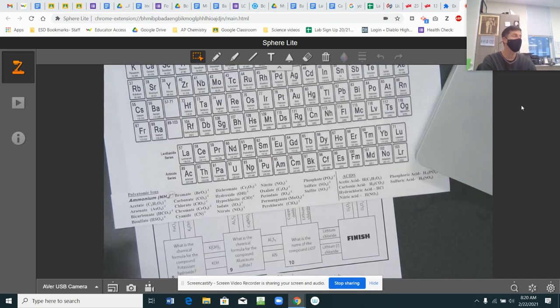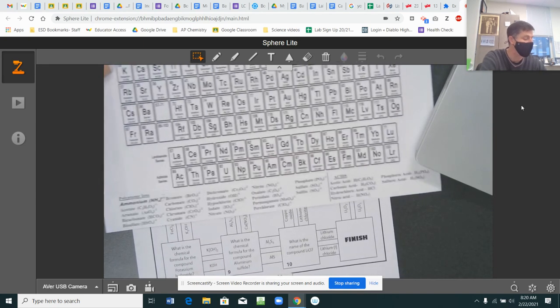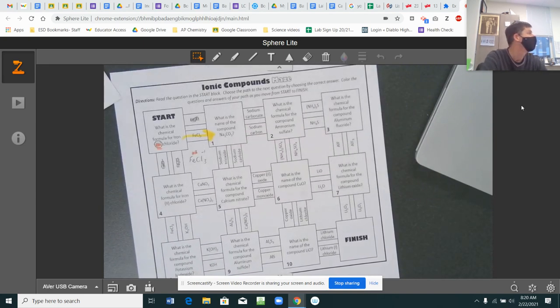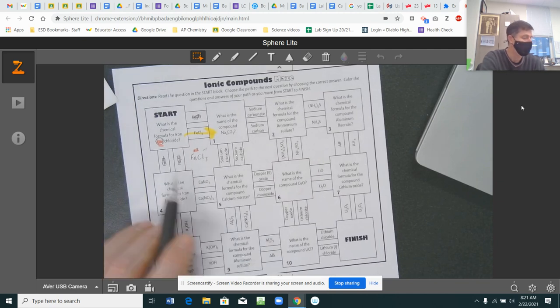Where do you find the ones that have negative charges in a compound? Where do we always find the negatively charged things? Well, where do we find it here?